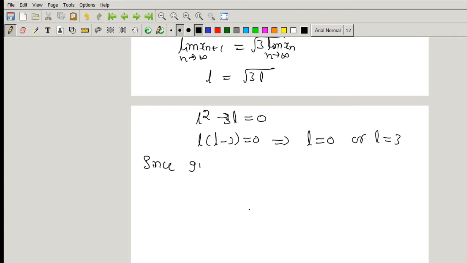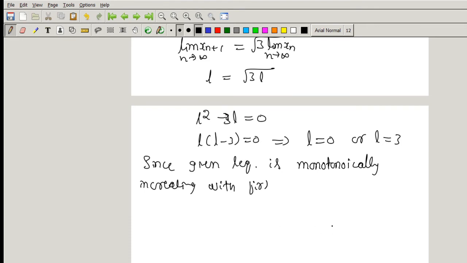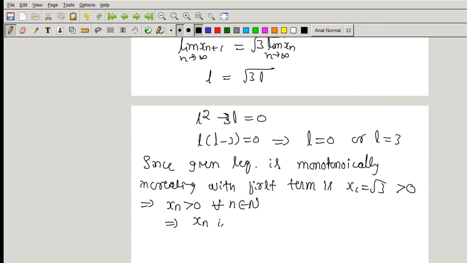Since the given sequence is monotonically increasing, with the first term x1 equal to root 3, which is greater than 0, xn is also greater than 0 for all n belongs to N, so xn is a positive term sequence.